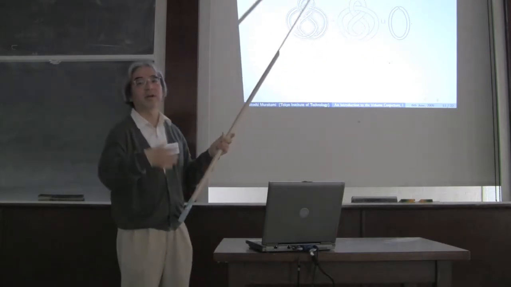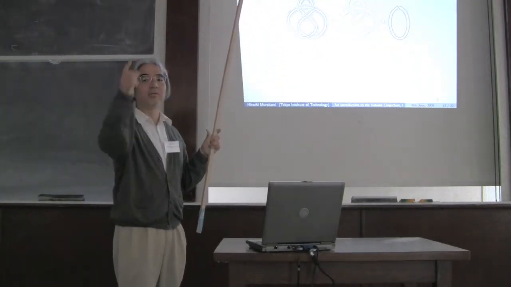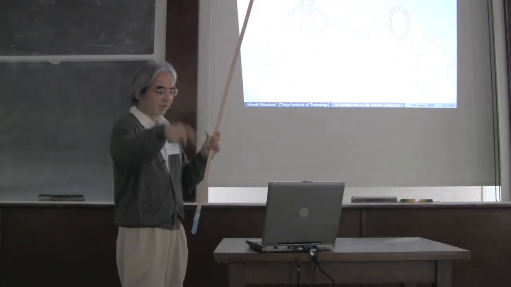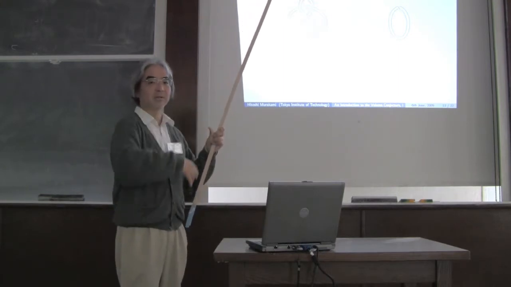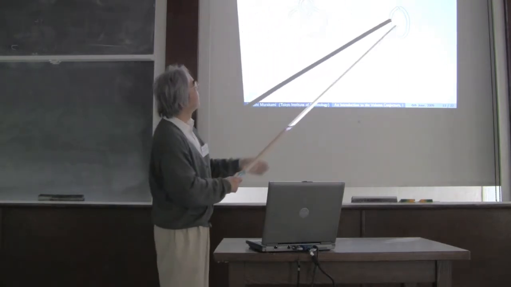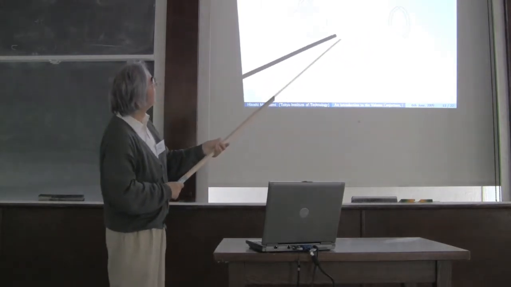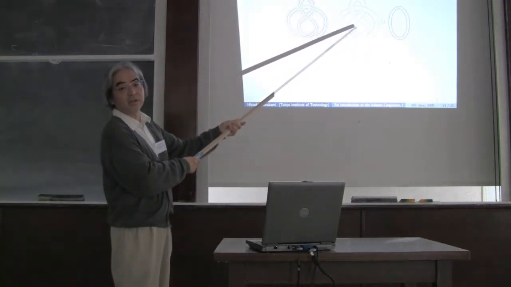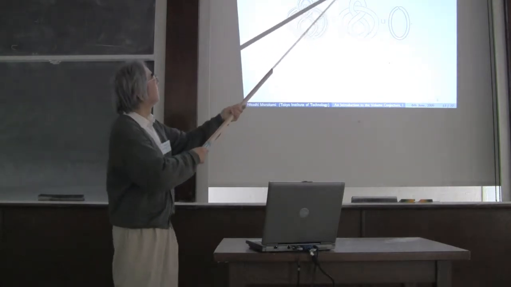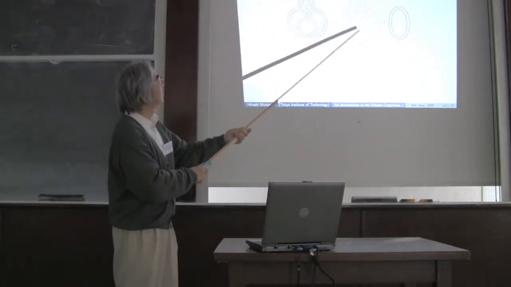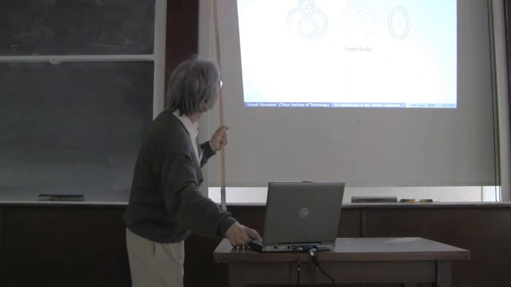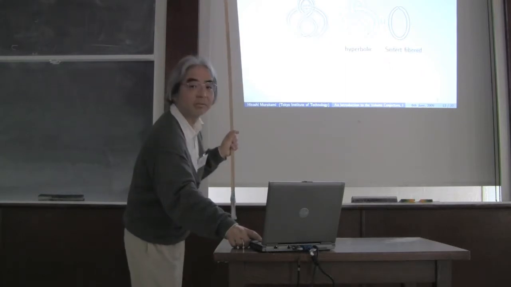A Seifert fibered space is a kind of circle bundle over a surface with some singularity. And you can easily see that this is Seifert fibered. So we have the JSJ unique decomposition of the knot complement, and one piece is hyperbolic, and the other is Seifert fibered.